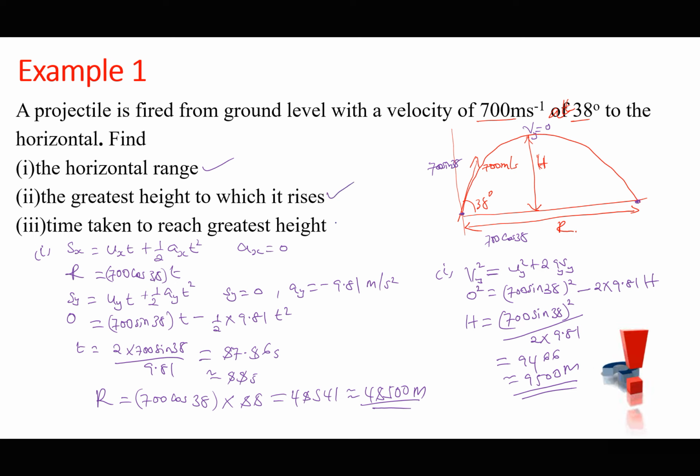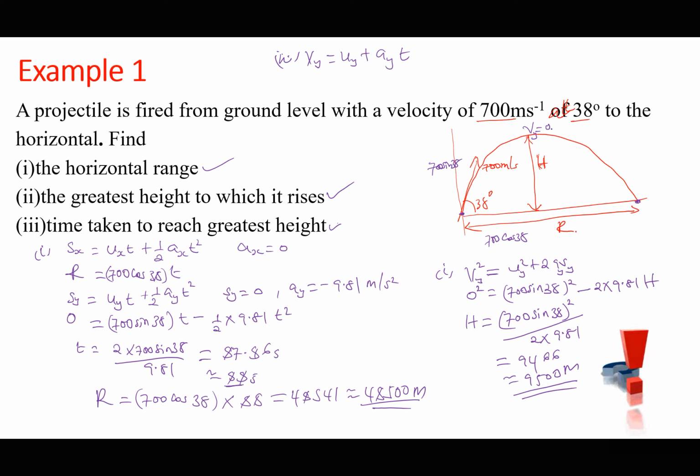Then the time taken to reach the greatest height. Of course, I could get the total time and divide it by 2, or I could use v equals u plus at in the vertical. So I don't have space here. Let me use this space. This is going to be Roman 3. So v in the vertical is equal to initial velocity in the vertical plus acceleration in the vertical times t, where t is the time to reach the highest point.